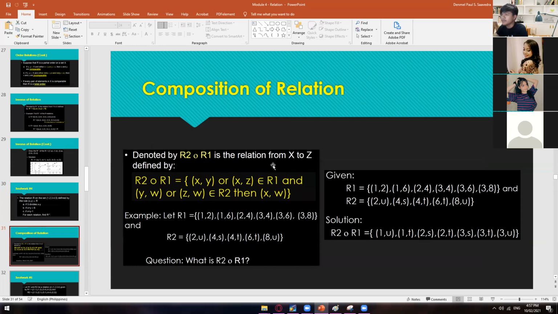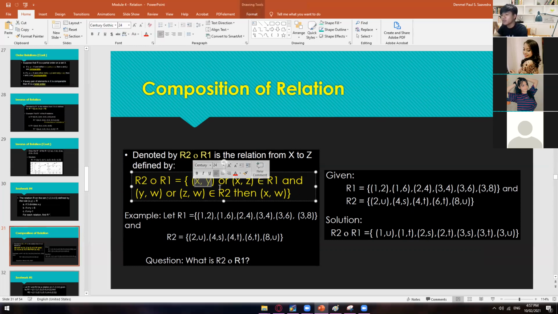All right. So here's another relation which is called composition. So in here you need 2 lists of relation or 2 sets. Okay. So we have here R1, the relation from X to Y, and R2, the relation from Y to Z, defined by this formula. So if we have this format (x, y) as your element of your R1, and (y, w) for the R2, then you should have (x, w) for your composition of relation.